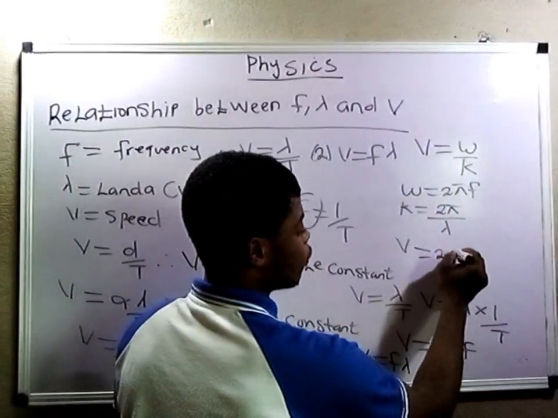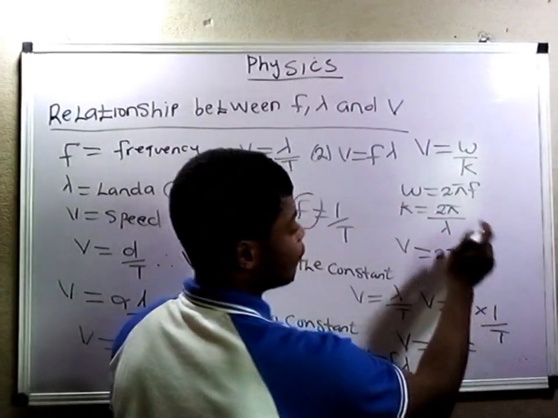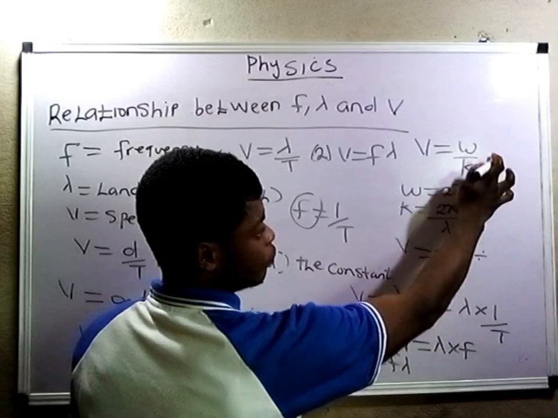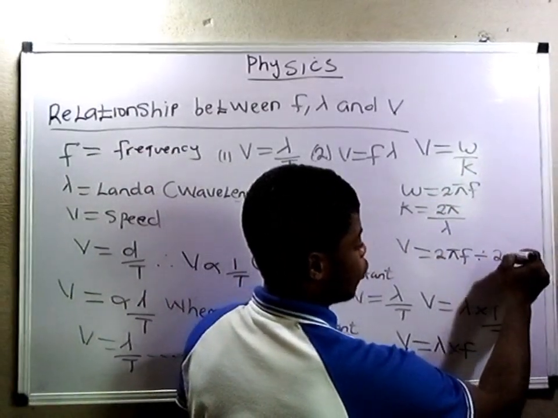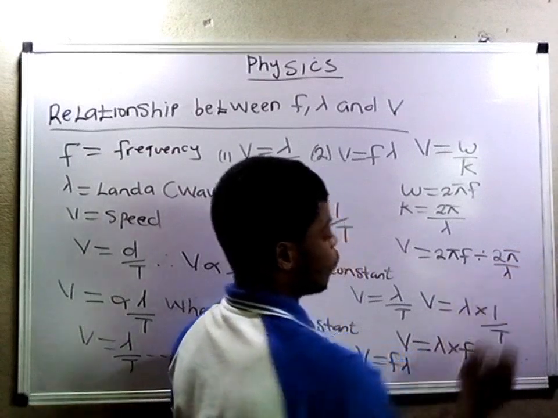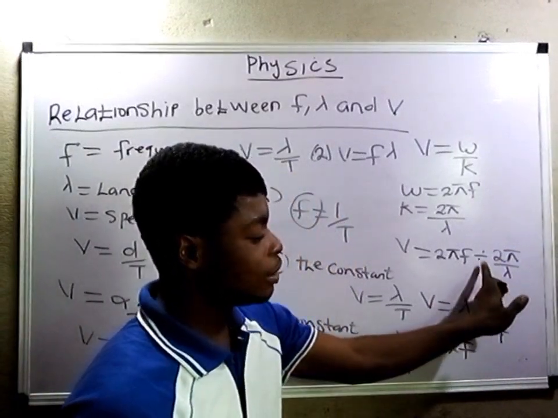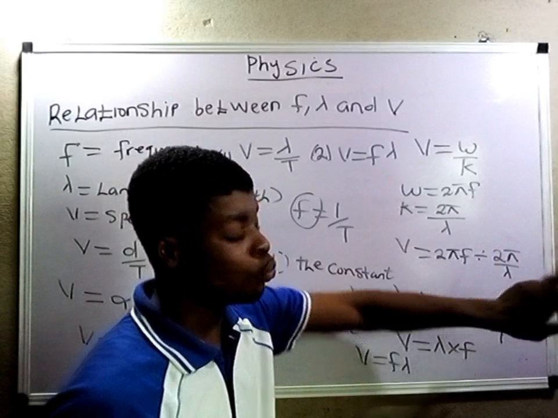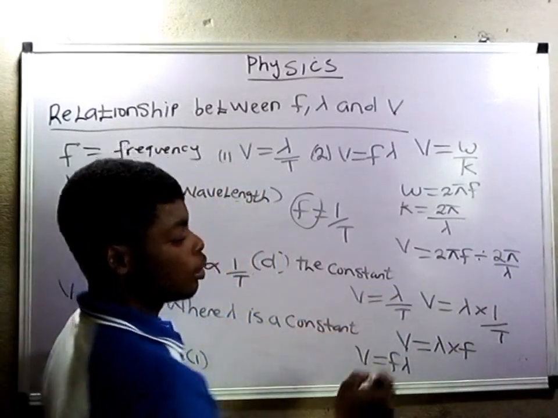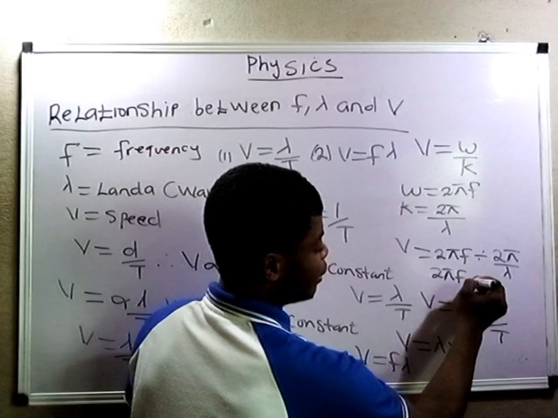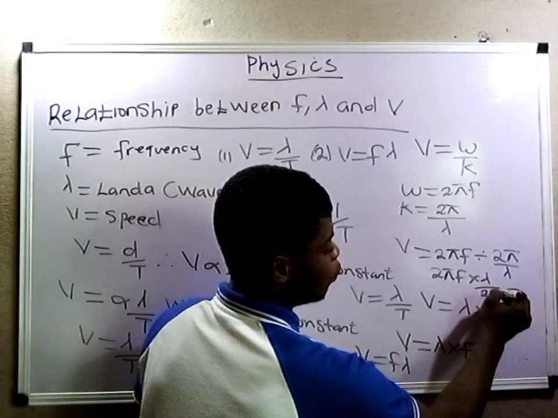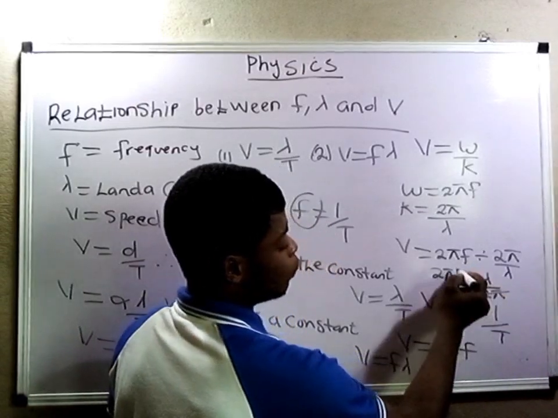divided by K. Your K is 2 pi over lambda. When this sign changes to multiplication, the fraction will rotate. Therefore, we now have 2 pi f times lambda over 2 pi. 2 pi cancels 2 pi.